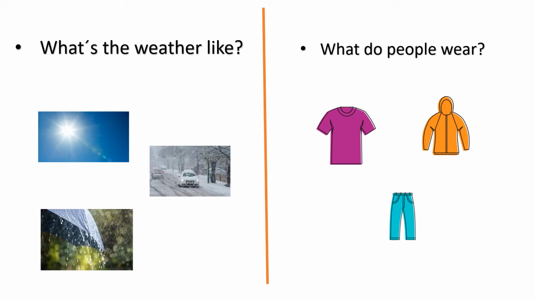And question number two, what do people wear? The people wear t-shirt. The people wear jackets. The people wear sweaters. The people wear coats. The people wear pants. The people wear jeans.